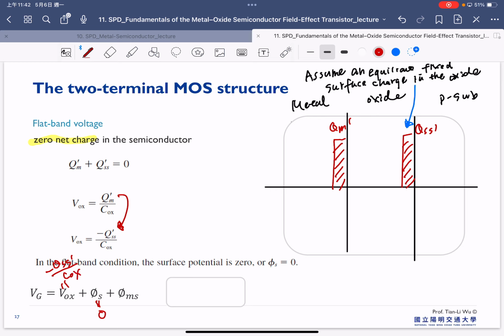So finally, our V_FB is equal to phi MS minus Q_SS prime over Cox. So our flat band voltage here is related to our metal-semiconductor work function and also the fixed surface charge here.